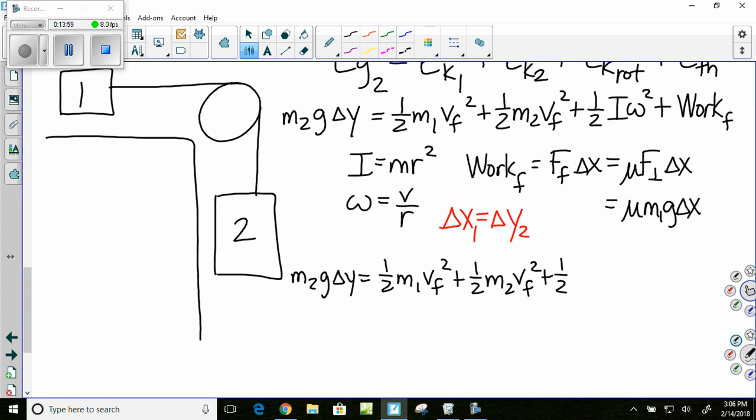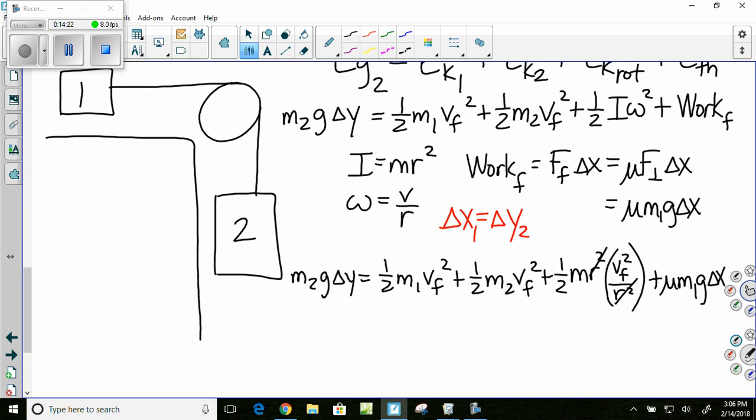And instead of omega squared, it's v squared, which is v final, over r squared. So the r squares will cancel. Plus mu m1 g delta x. Okay. Now the nasty part is to substitute in all of the numbers for everything.